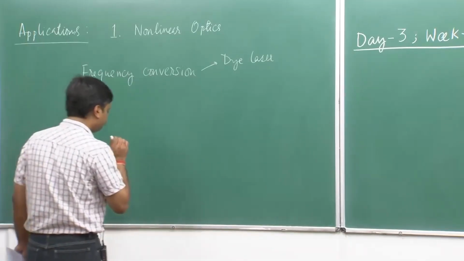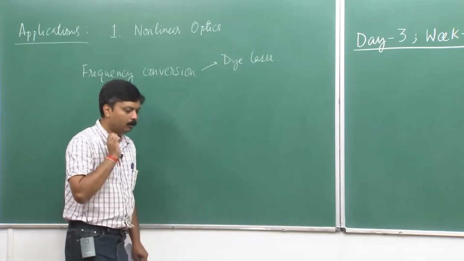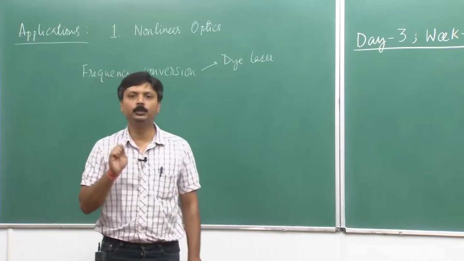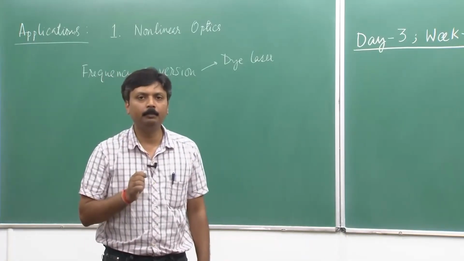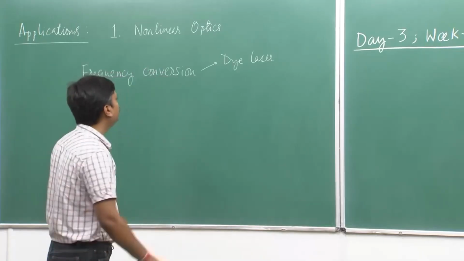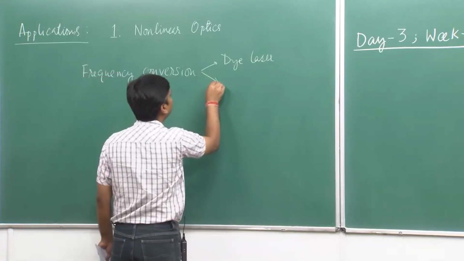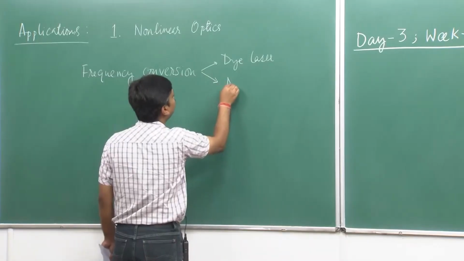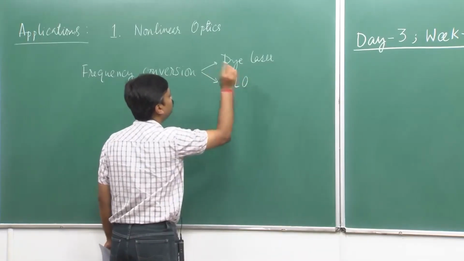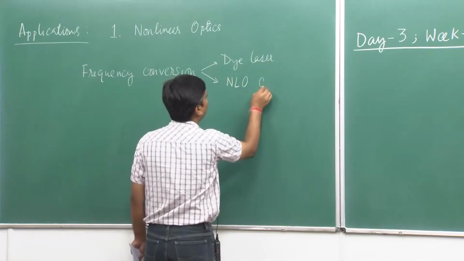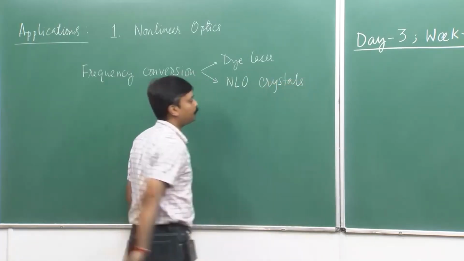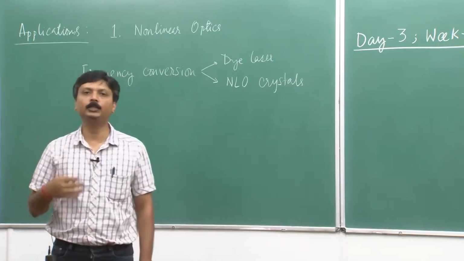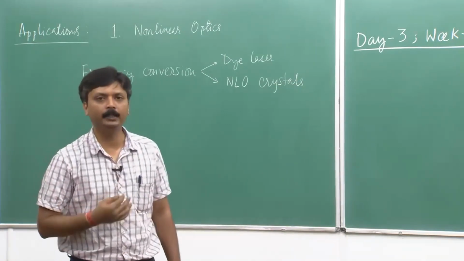But the most used frequency conversion method was based upon using materials which are called nonlinear optical materials, particularly crystals made up of certain materials known as nonlinear optical materials.